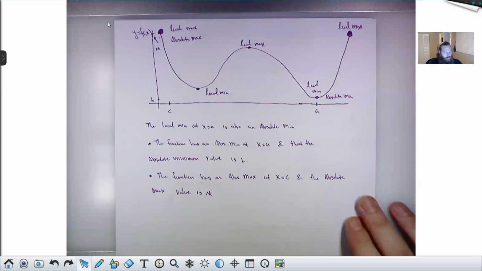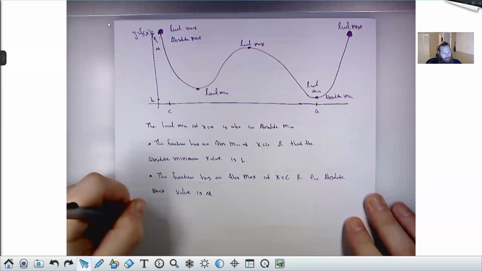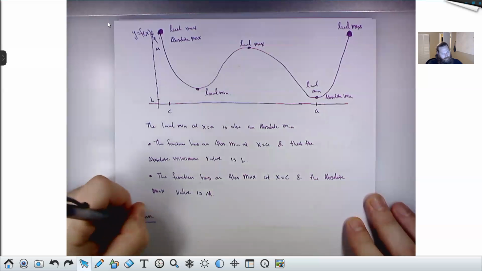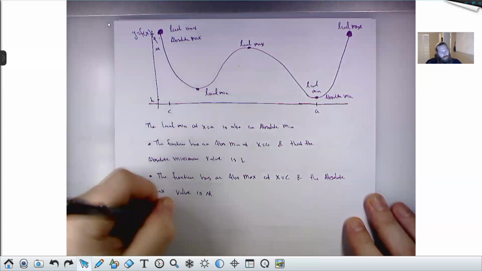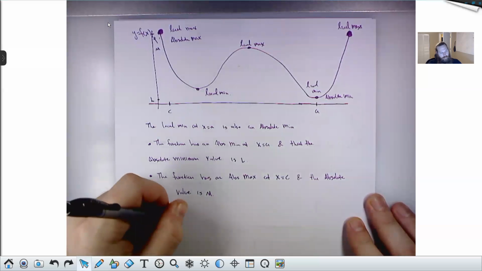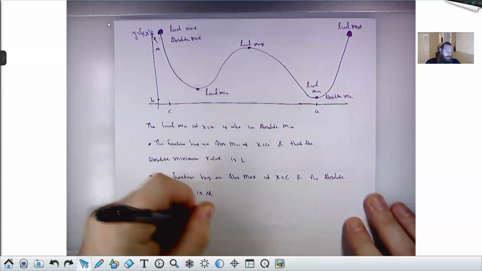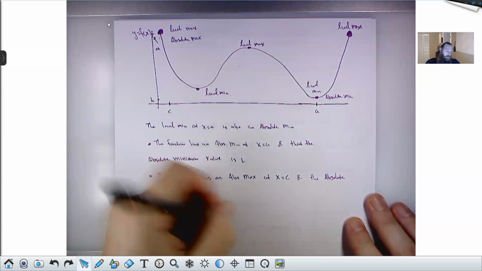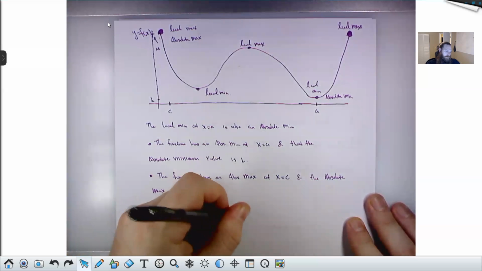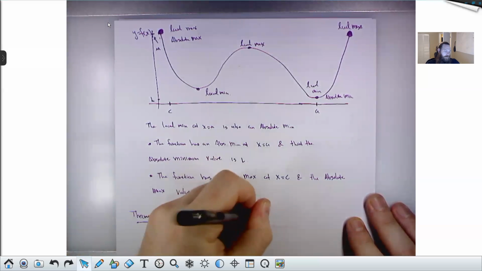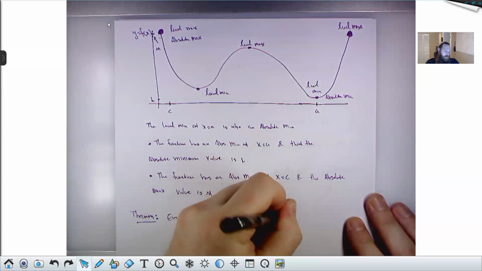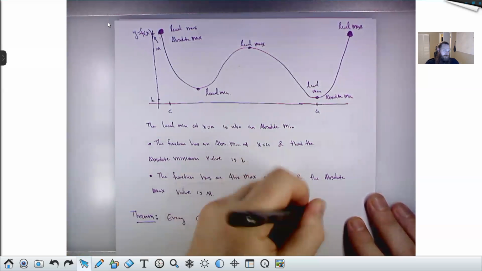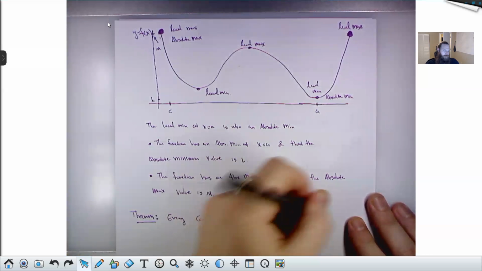The theorem I was alluding to is: every continuous function attains an absolute max and an absolute min. I'll write the min first.